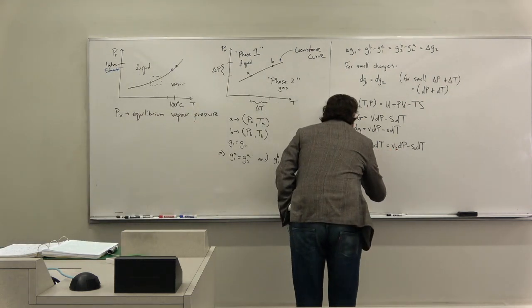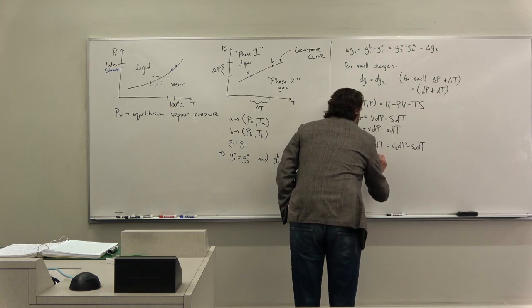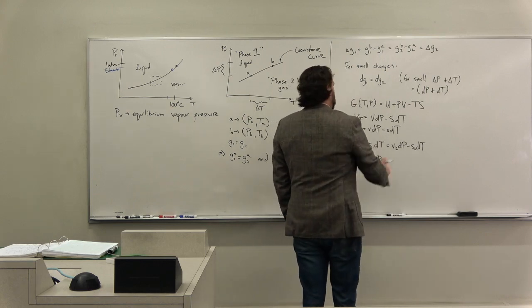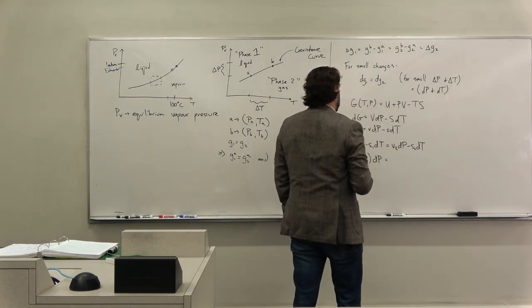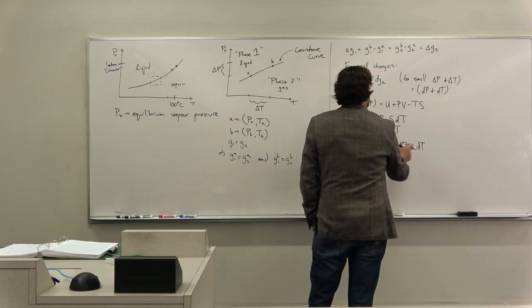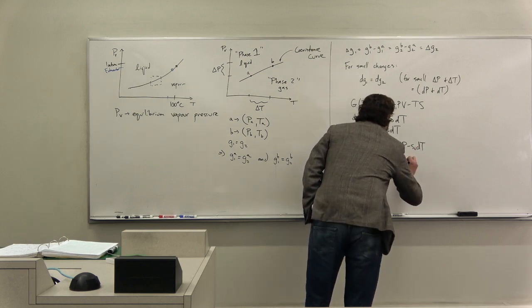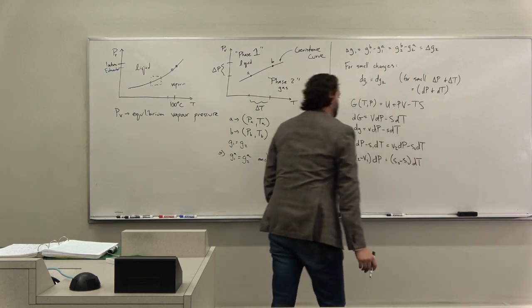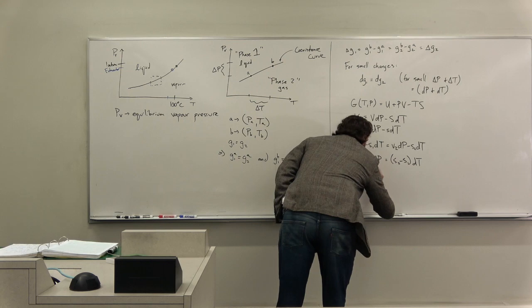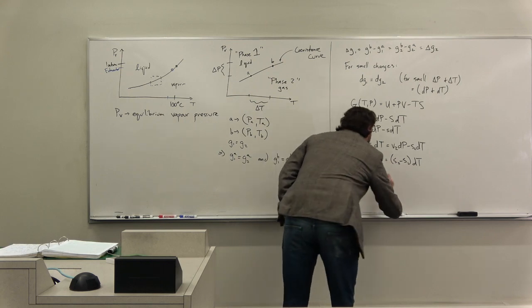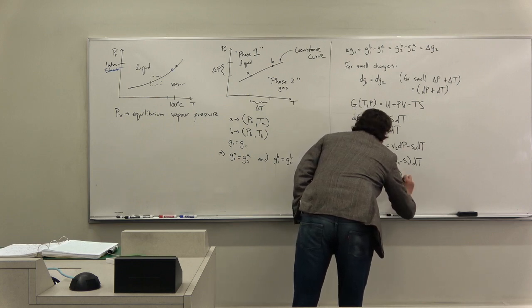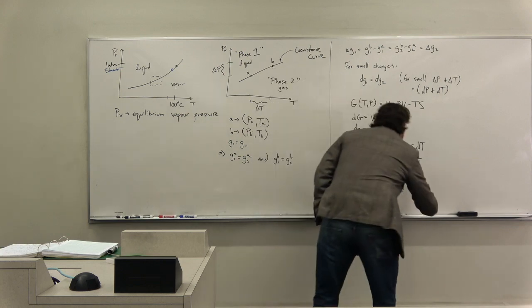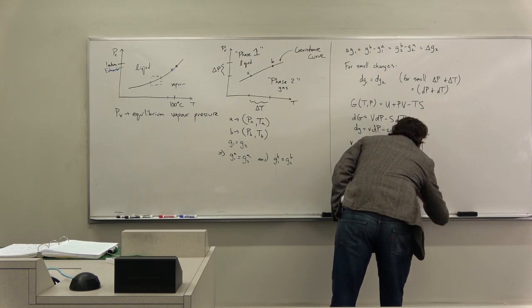So we're going to have V2 minus V1 dP equal to S2 minus S1 dT, or dP/dT is equal to S2 minus S1 over V2 minus V1. Or let's call this delta S over delta V.